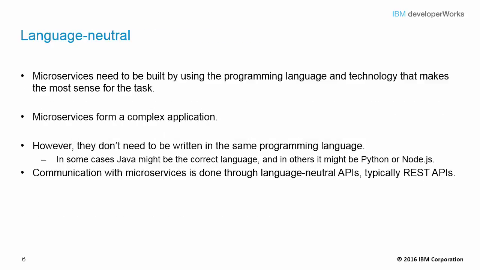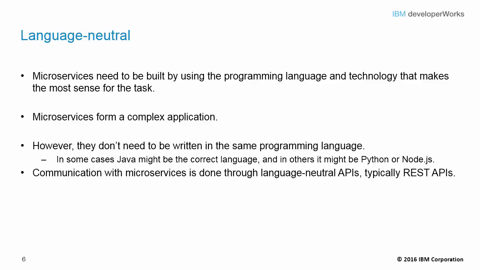Since using the correct tool for the correct job is important, microservices need to be built using the programming language and technology that makes the most sense for the task at hand. Microservices are composed together to form a complex application, and they do not need to be written using the same programming language.